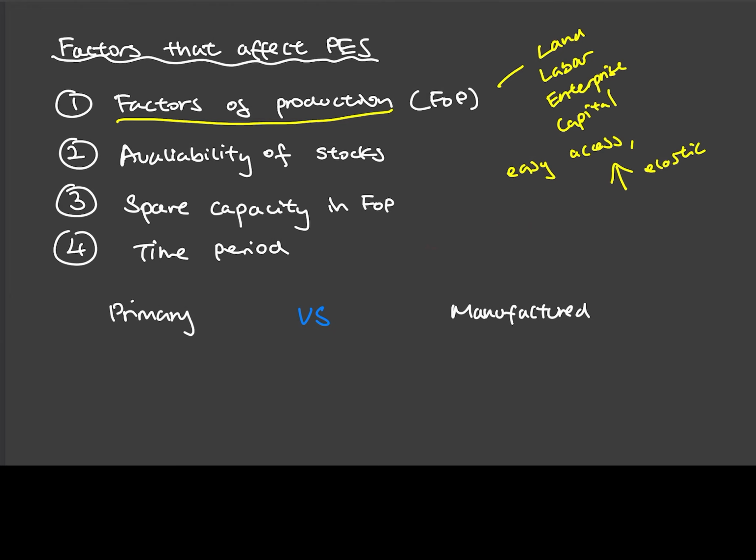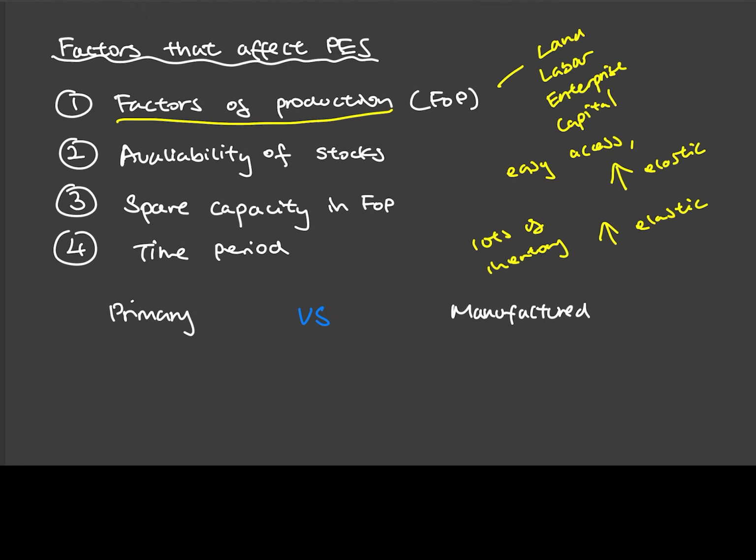But the cell phone guy can hold the stock for like 2 years, 3 years. Cell phone parts don't go bad, right? So that is how availability of stocks can affect PES. If you have lots of inventory, which is a fancy name for stock holding, then your PES will be more elastic because you can fall back on it anytime you want to increase supply.